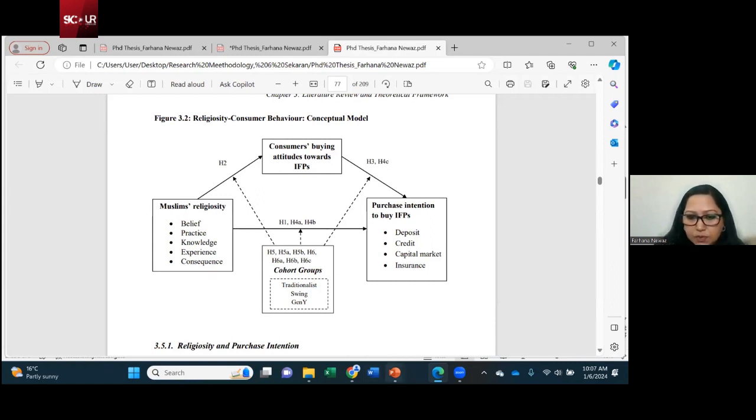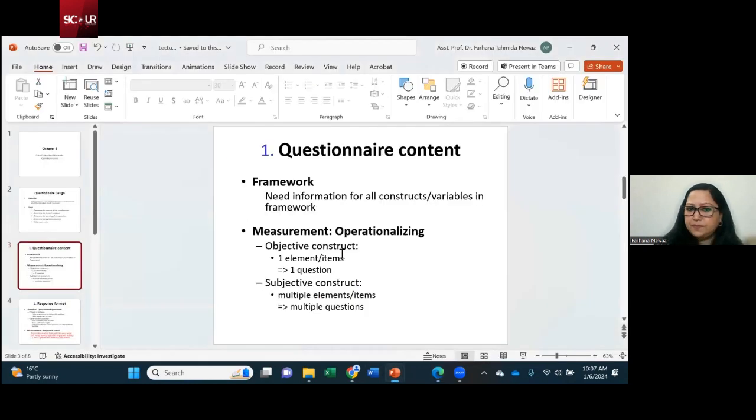Then I go to the next one. When we are measuring variables, there are two types of variable: construct, then factor. These are actually the same term. You can call it a variable, a factor, a construct, a domain, and we use many other terms, so don't get confused.